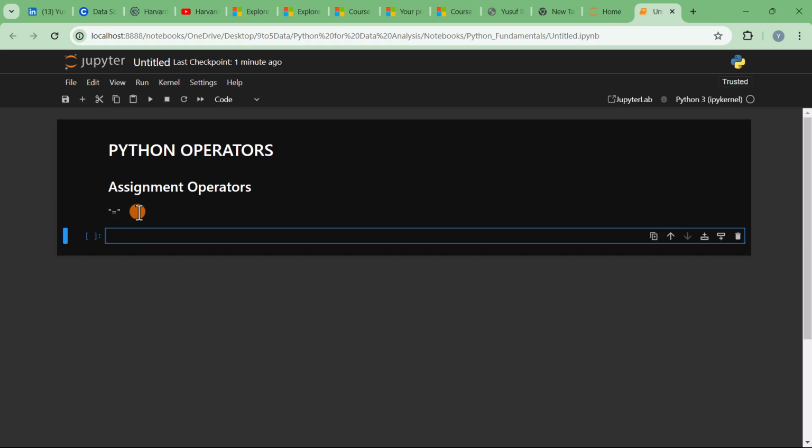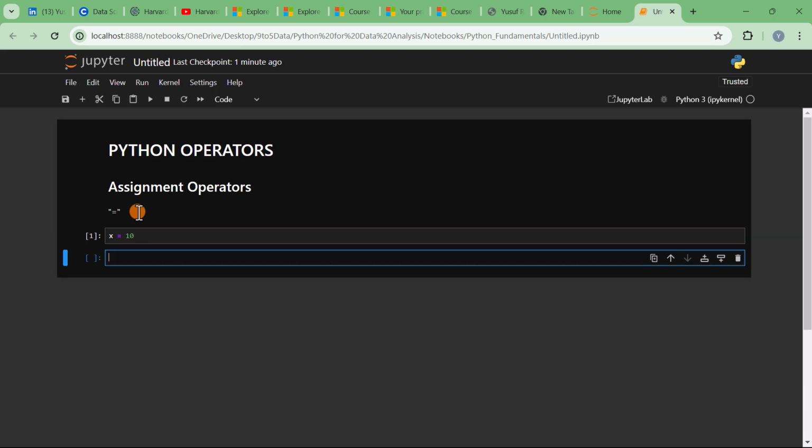For example, we can say x equals 10, which means we have assigned the value 10 to x. We will run this code and say print value of x.